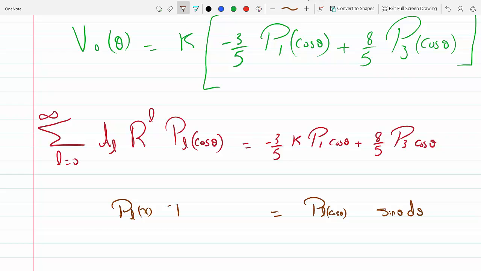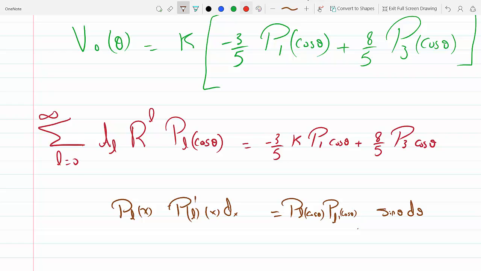So you could multiply both sides by P L prime of x, which would be P L prime of cosine theta. You multiply both sides by PL prime cosine theta, sine theta d theta, and there's a dx here.